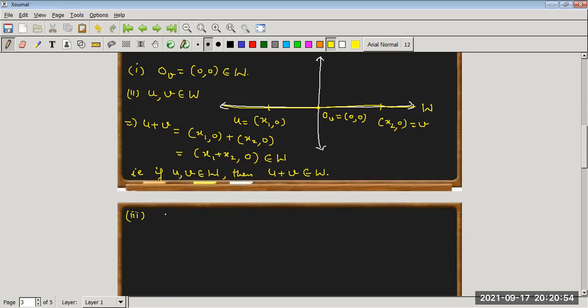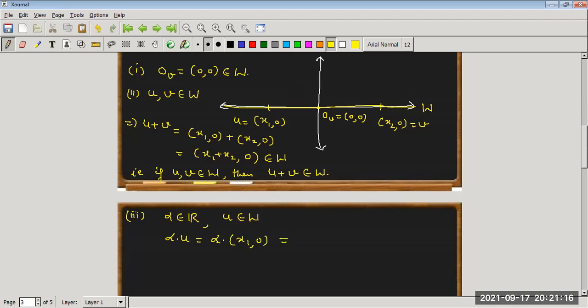The third property is you can take any alpha in the field. The field is the real numbers, and any vector U in W. We have to show that alpha dot U is also in W. So what is alpha dot U? Alpha dot U is alpha dot (x1, 0).